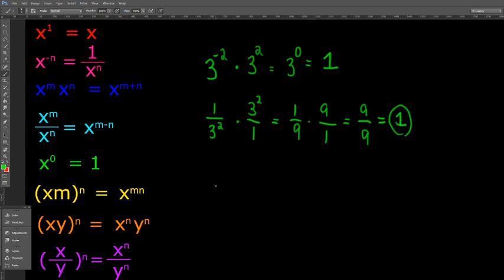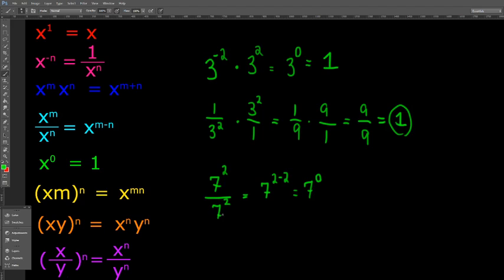And we can do it with division as well. So let's say that we've got 7 squared over 7 squared. The reason we're going to use the same exponent is because we're going to subtract them. So 2 minus 2 equals 0, so we get 7 to the 0th power.